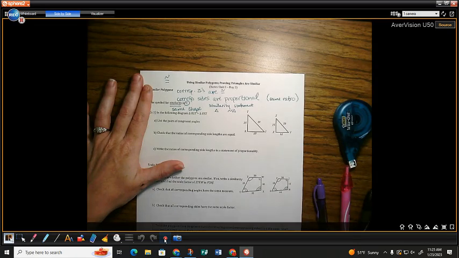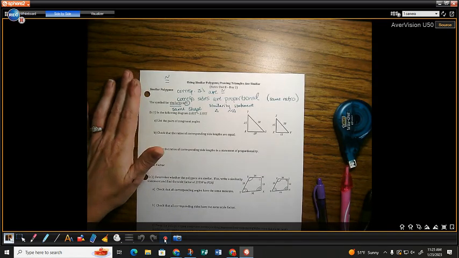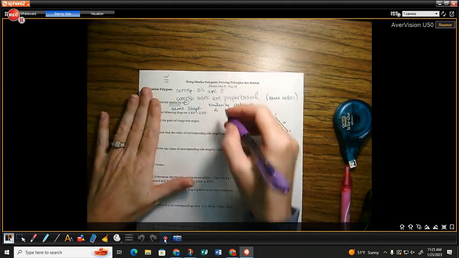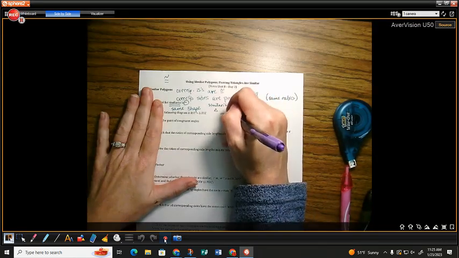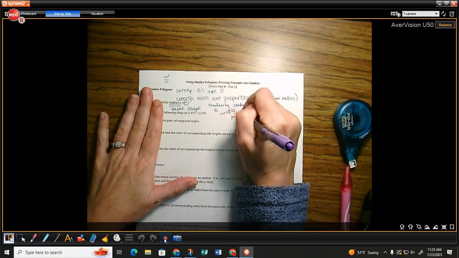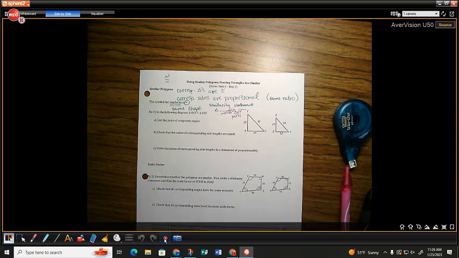What was the most important part about writing the names when you did congruent triangle statements? Making sure they all matched up with their corresponding things, right? So you have to match the corresponding parts in the names. That's still true for similar triangles.